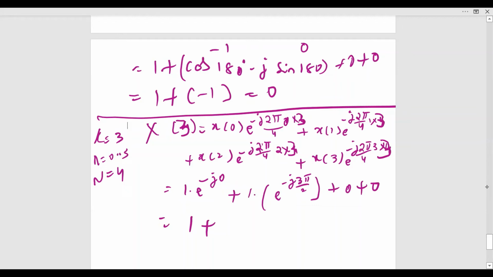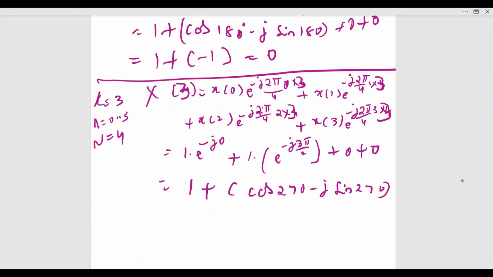So you know 3 pi by 2 is 270. So you can write it as cos 270 minus j sin 270. Cos 270 is 0 and sin 270 is minus 1. So you can write 1 plus 0 minus j into minus 1. Minus of minus plus j. So we get it as 1 plus j.